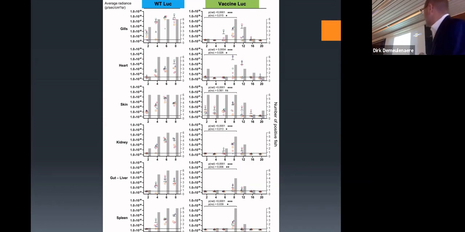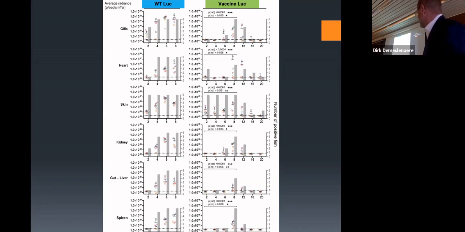You see that with the wild type, as we know, all the fish are positive at day 2 on the skin. They remain positive until they die. And this is due to the fact that the skin is the portal of entry. You also see that the signal builds up in terms of flux over time. All the other organs become very rapidly positive, and on day 4, all the fish are positive for nearly all the organs.